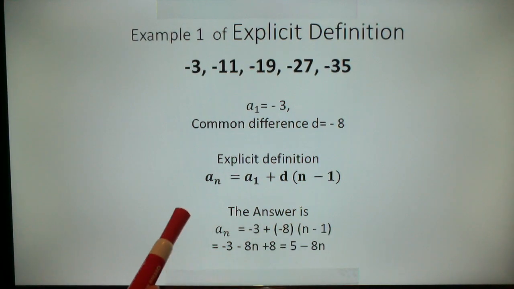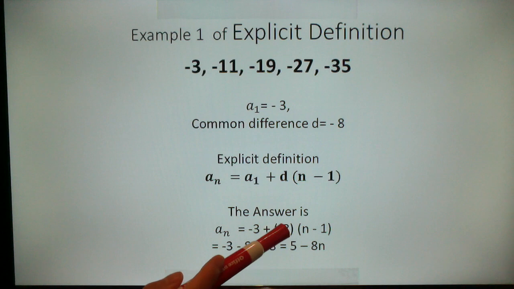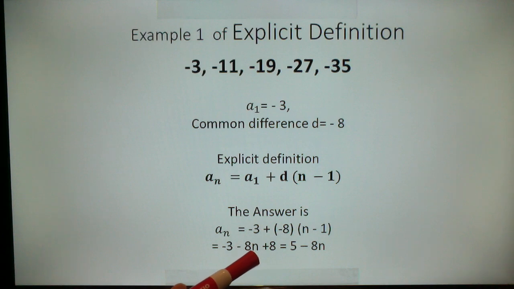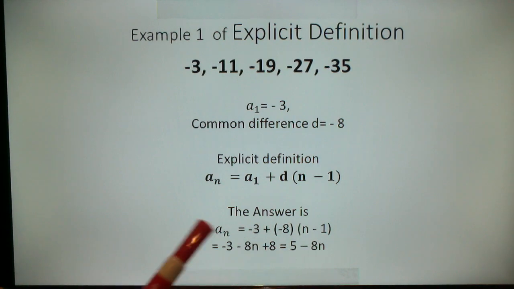This can be the answer, but for some of the questions you have to simplify this. So -3, if you multiply this, -8, and if you do this, plus 8, it will be 5 minus 8n. Okay, so this is not the simplified version, and this is the simplified version.